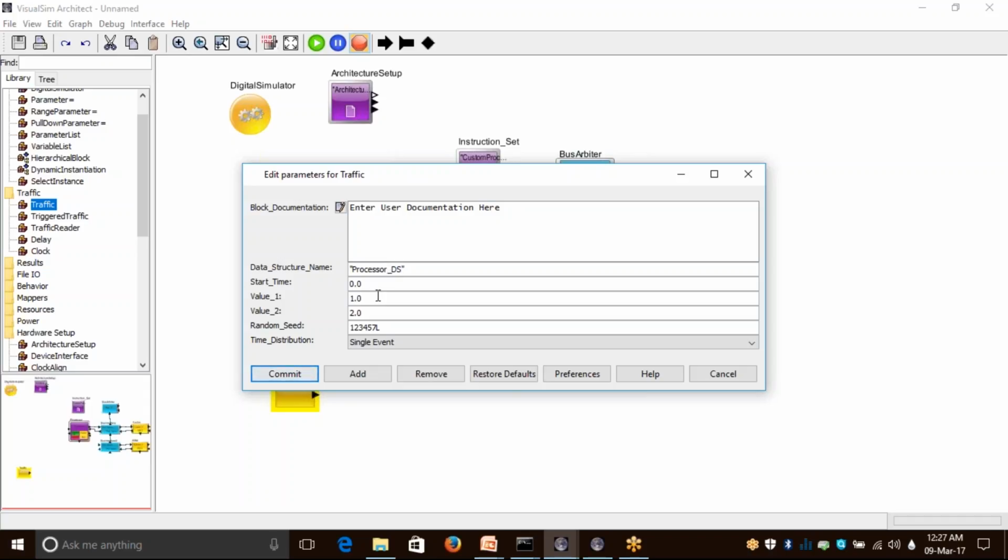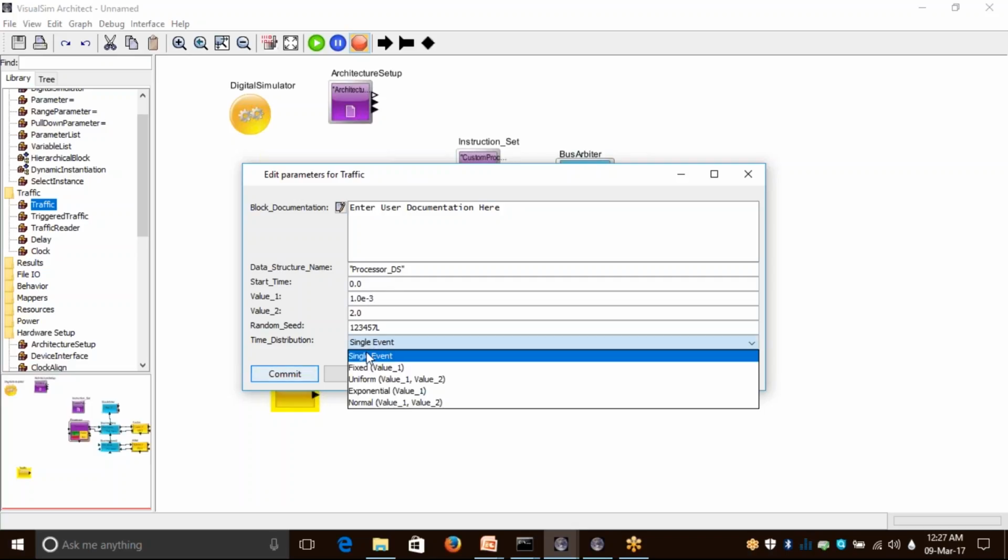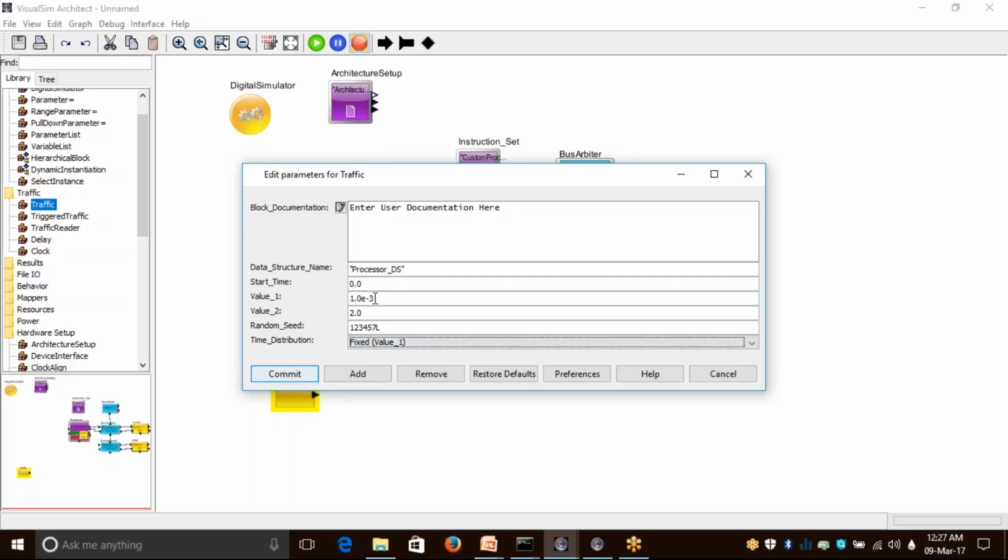So we send a complete data structure from one block to another to make decisions or computations and things like that. I'm going to generate the traffic every 1 millisecond.